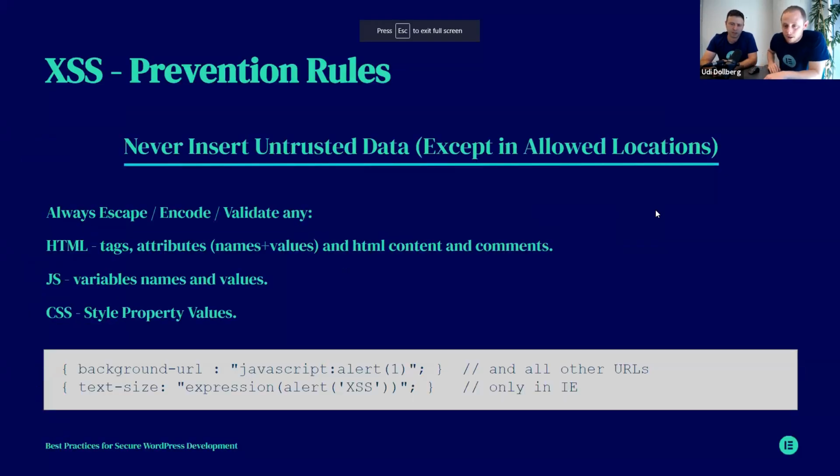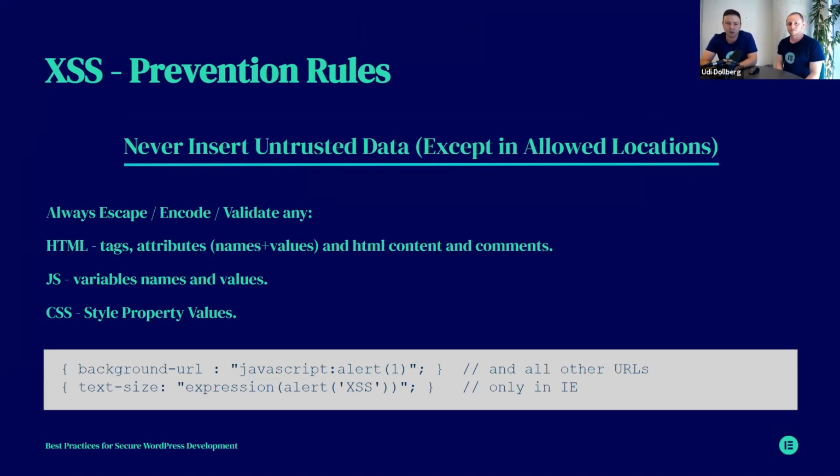So how do you prevent XSS vulnerability? The rule of thumb is you never insert untrusted data except in allowed locations. But that exception also has other exceptions around it. What does that mean?